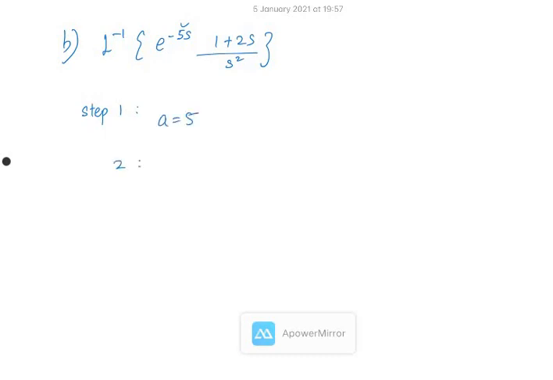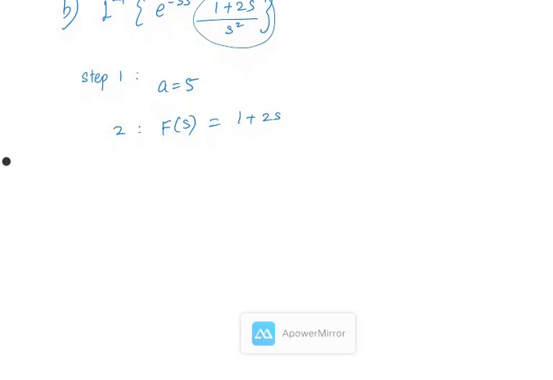Then step 2 is write down the function of F(s). So F(s) is this part, 1 plus 2s divided by s squared. Then step 3, we find the f(t) from the F(s). So f(t) equal to the inverse Laplace transform of 1 over s squared plus 2, we take out the 2, so 2 inverse Laplace transform of 1 over s.